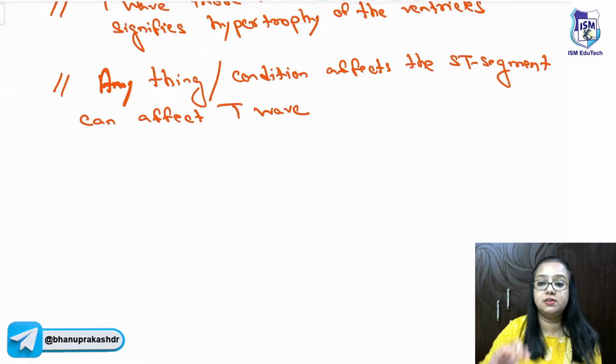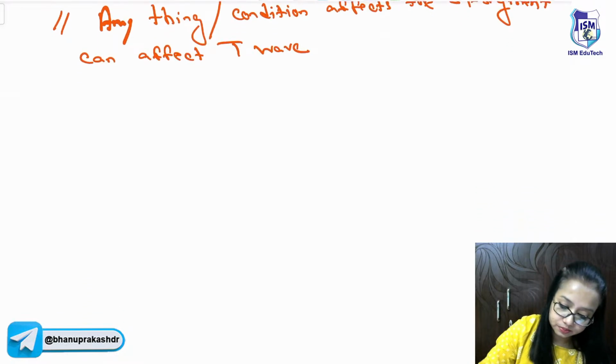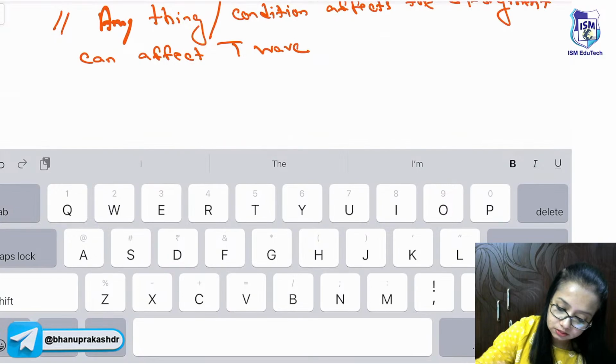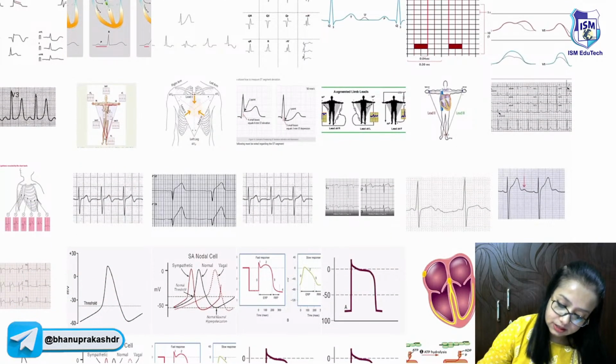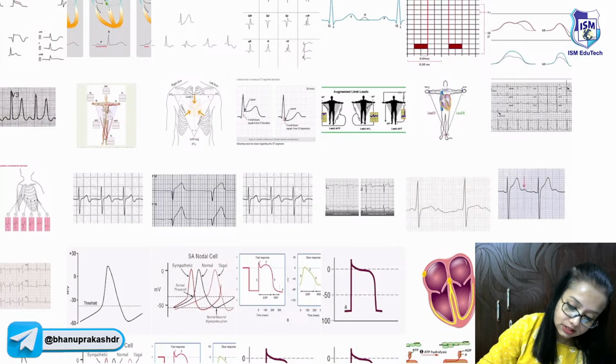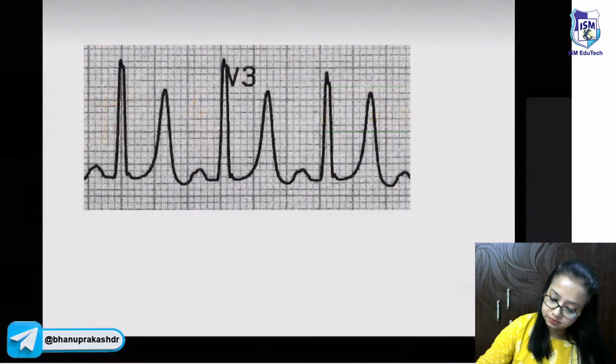Like the T wave can be inverted, the T wave can be concave, it can be too loud. All this we have already seen. A few examples of this condition of the T wave.